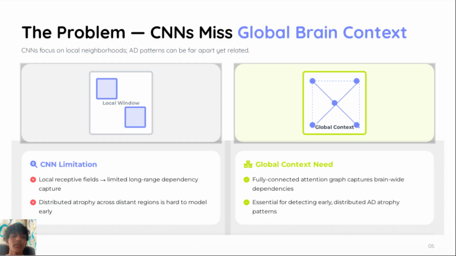A CNN may detect local features well, but it may struggle to connect changes in one region with changes in another region far away. In simple terms, a CNN looks through small windows first, but Alzheimer's may require a model that can compare information across the whole image. That is the gap that my project focuses on.